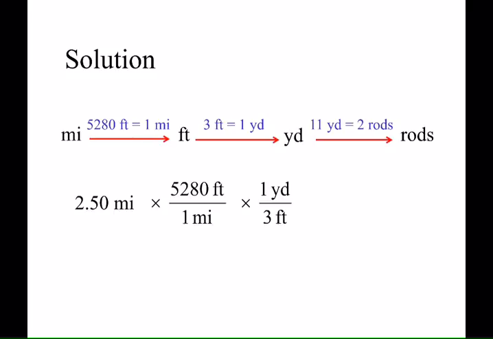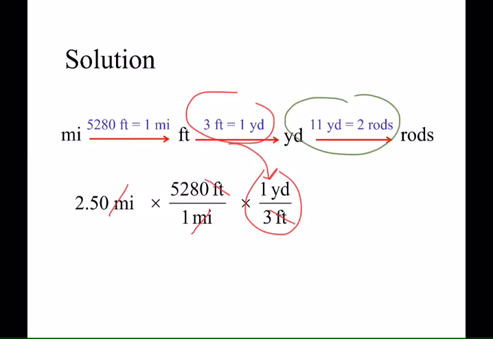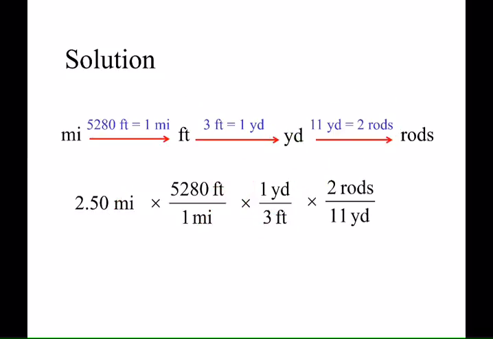We can cancel feet and get to yards using this ratio, 3 feet over 1 yard. And then last but not least, we use this equivalency statement and make a ratio so that units of yards cancel and we're left with units of rods. So miles cancel, feet cancel, yards cancel, and units of rods are what we're left with, exactly what we wanted to get to.